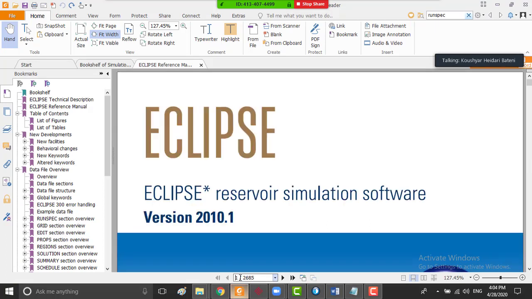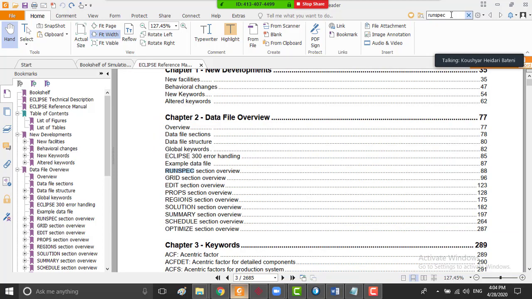And guys, working with the reference manual and technical description is very fundamental when it comes to writing a code in Eclipse and working with Eclipse. When you are a reservoir simulation engineer, which is a very common job, you have to work with Eclipse, and when you are working with Eclipse, there is no better source than its reference manual and technical description to get information on the things that you want to do.